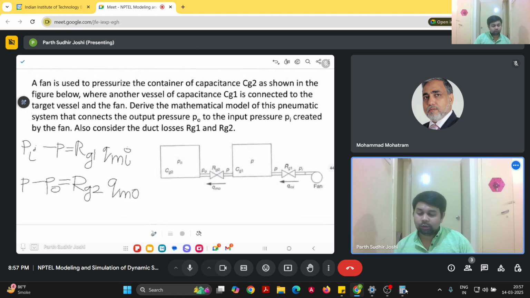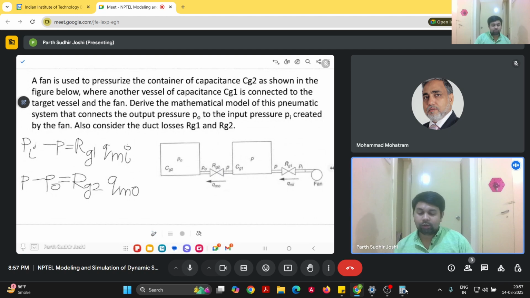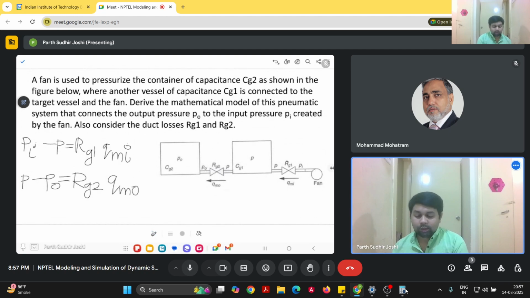Now, let us say the container volume is fixed or whatever, we assume that CG1 represents the total capacitance in this case.